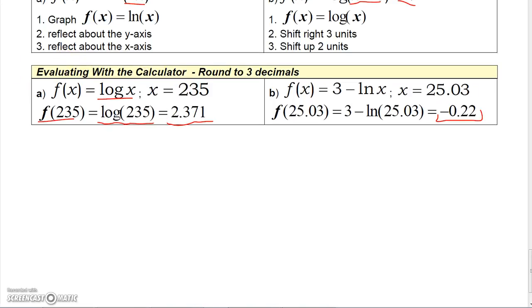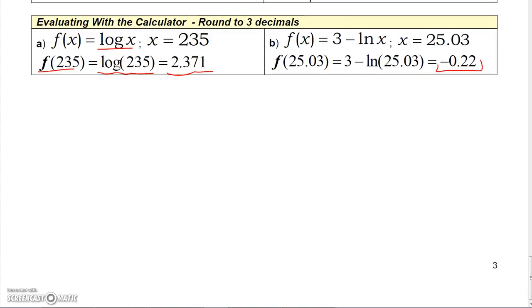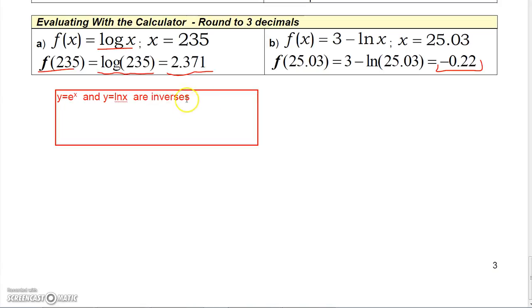So that's basically the concept of logs and exponential functions. And there's one thing while I'm here, I'll go ahead and say this. The log function base e and the exponential function base e are actually inverses of one another. So these two functions, y equals e to the x and y equals the natural log of x, are inverses of one another.